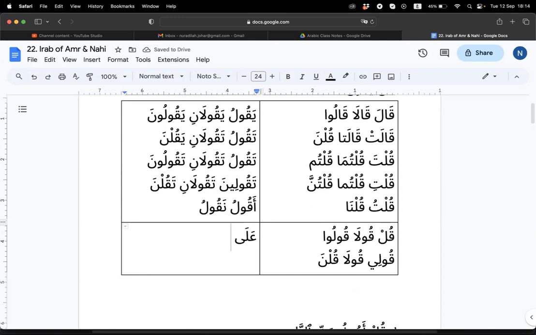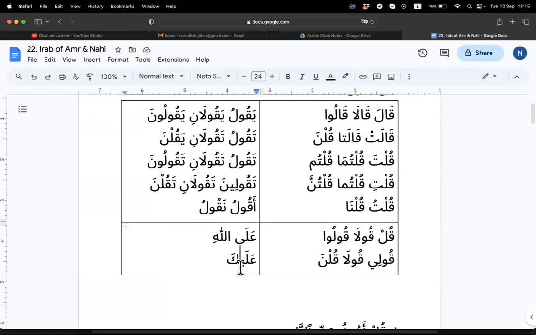But remember, for example, if you have a normal ism, Allah, then it remains like this. But if you have an attached pronoun, the ya will come alive. So alaika, alaihi. But it's still ala, still half of jar.